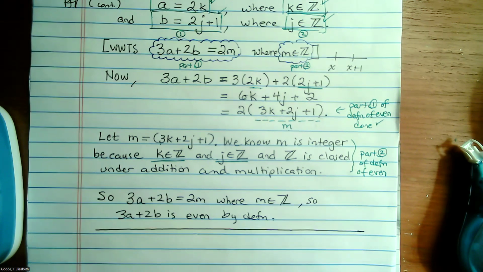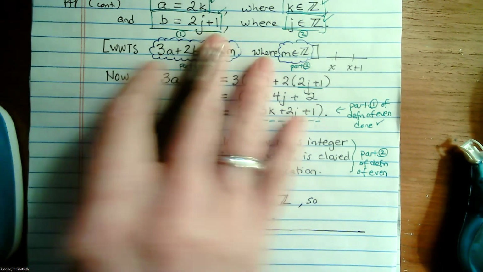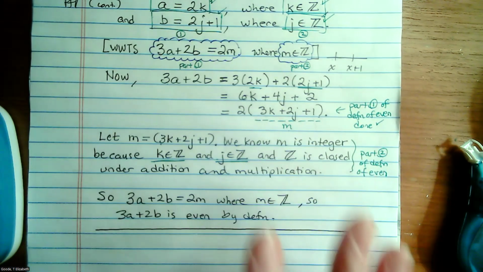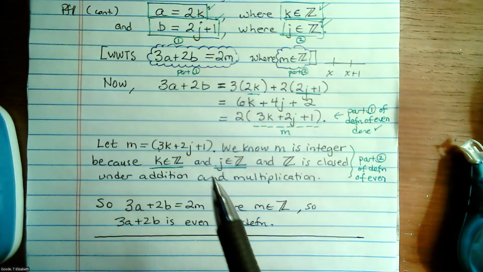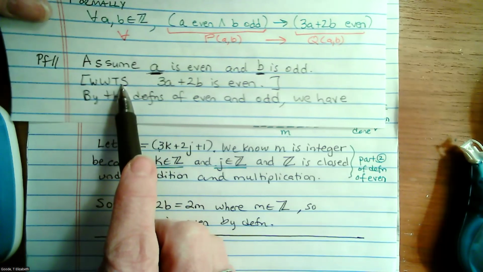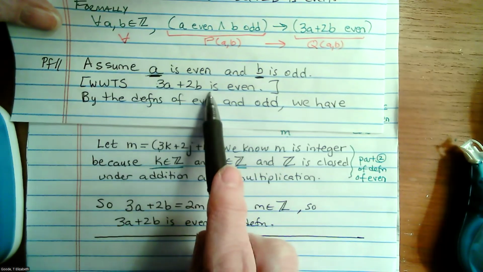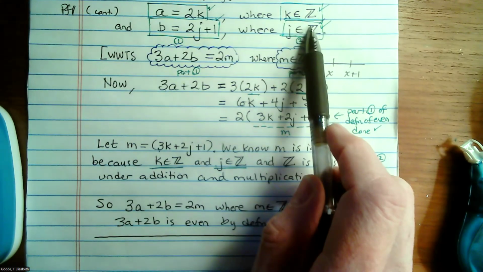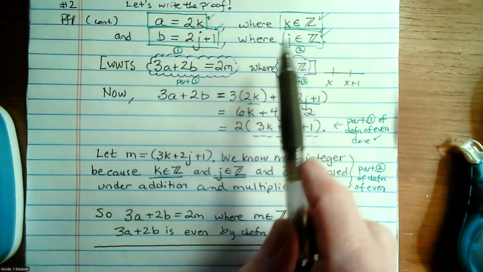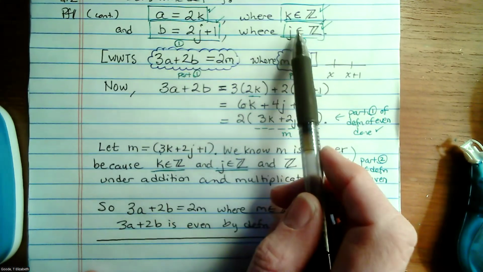Pretty much. Now, you can get close to full credit without writing all of this, but my recommendation is always write your wish. Don't ever not write your wish. Then you've got to apply the definitions. You've got to have equations like this. And it's polite to tell your reader where you get that stuff.